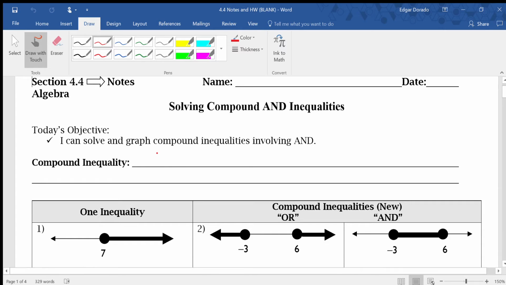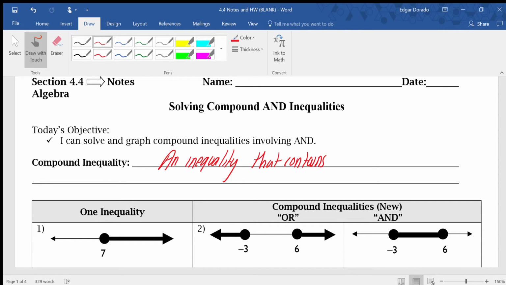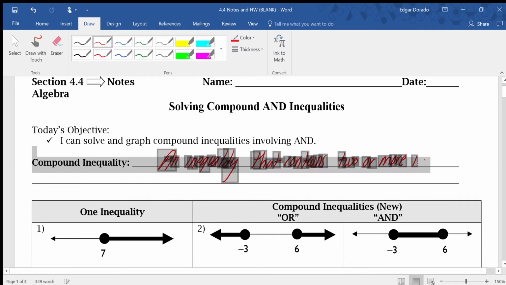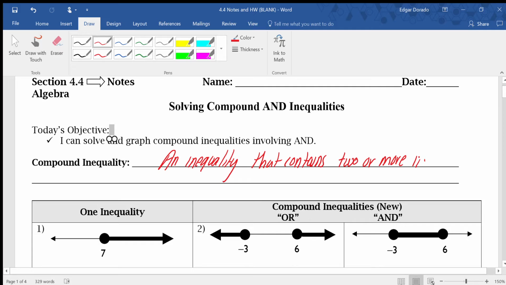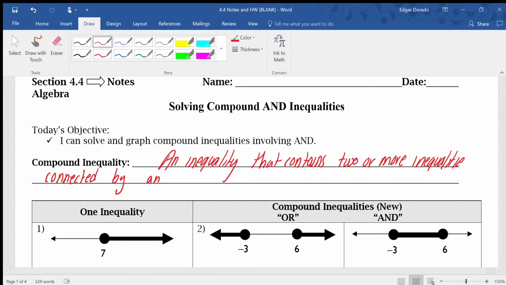So all it is, is an inequality that contains two or more inequalities, connected by, and actually, why don't I do that in a different color?